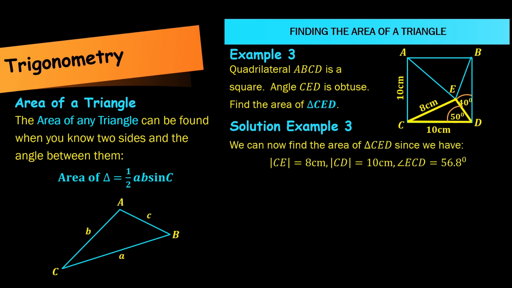We can now summarize this information. We have the length of two sides, which are 8 centimeters and 10 centimeters, and we have the angle in between them, which is 56.8 degrees.